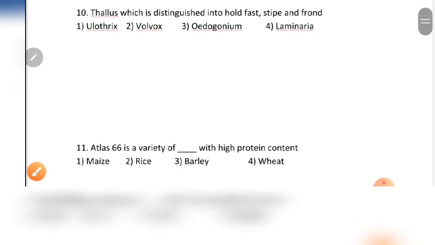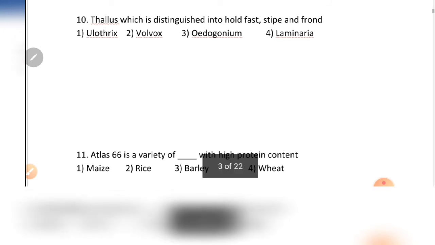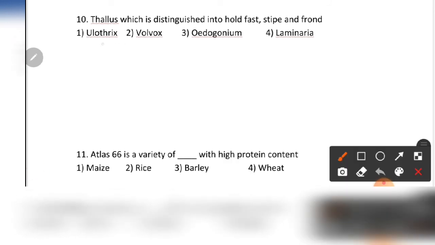Thallus which is differentiated into holdfast, stipe, and frond. So you notice Ulothrix, Volvox, Oedogonium, the 3 belong to the Chlorophyceae. For simple identification, I have a code: CH cube sun volume.